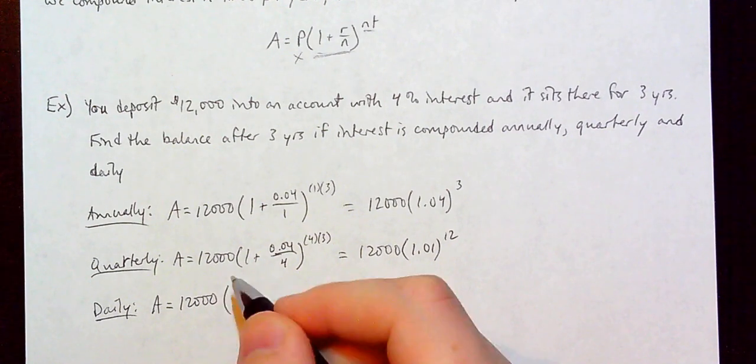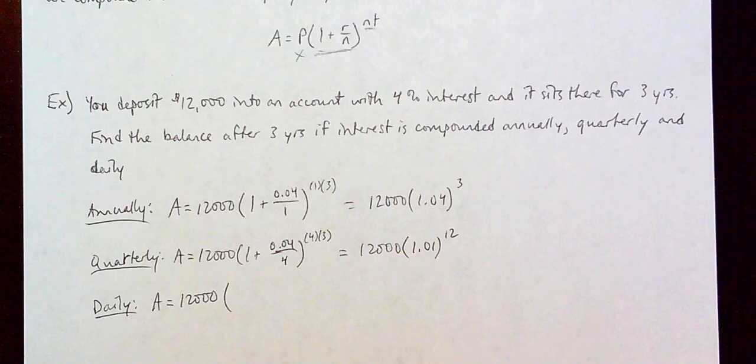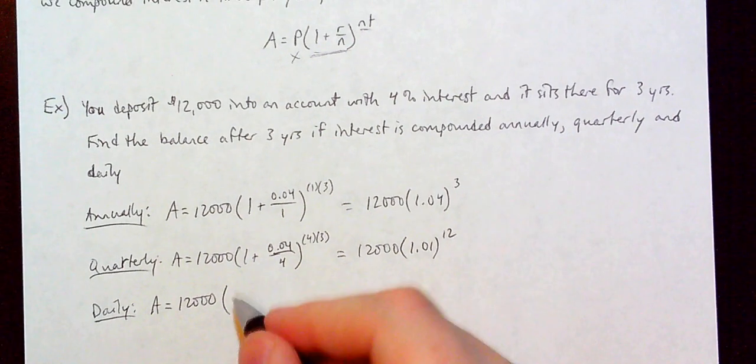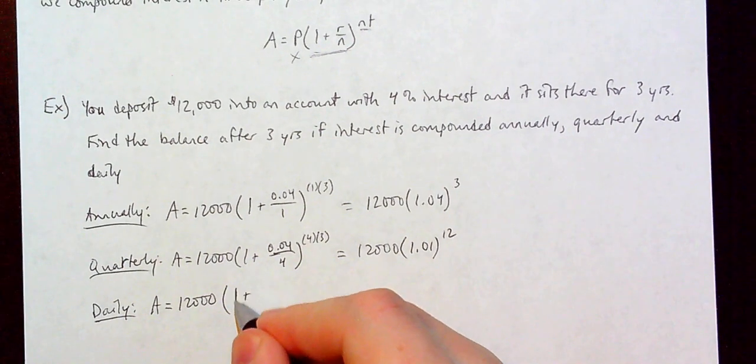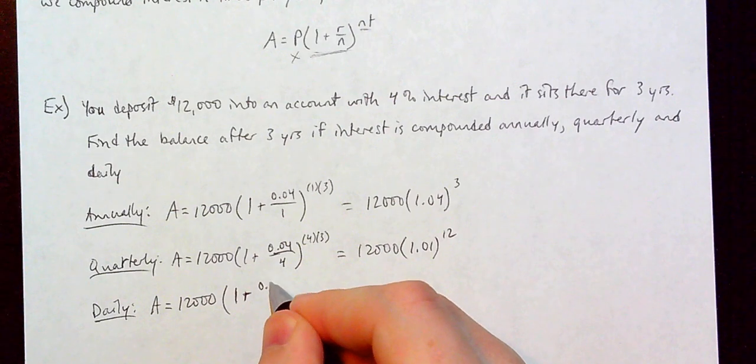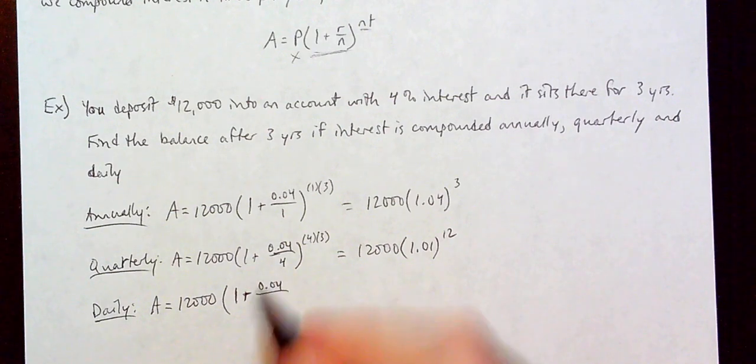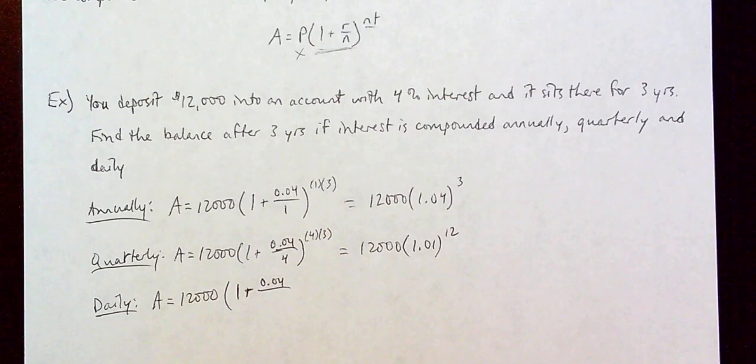And now daily, again 12,000 times 1 plus, again, my annual rate. But now we are doing daily here. Let's use our banker's rule.